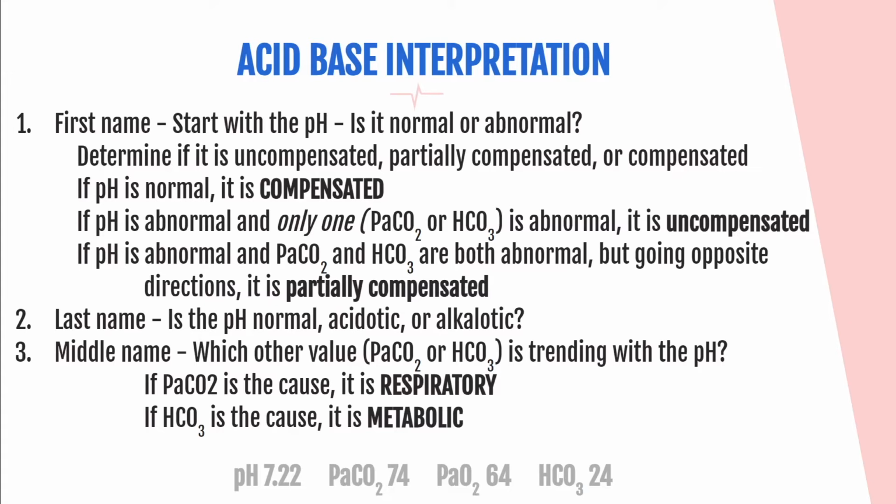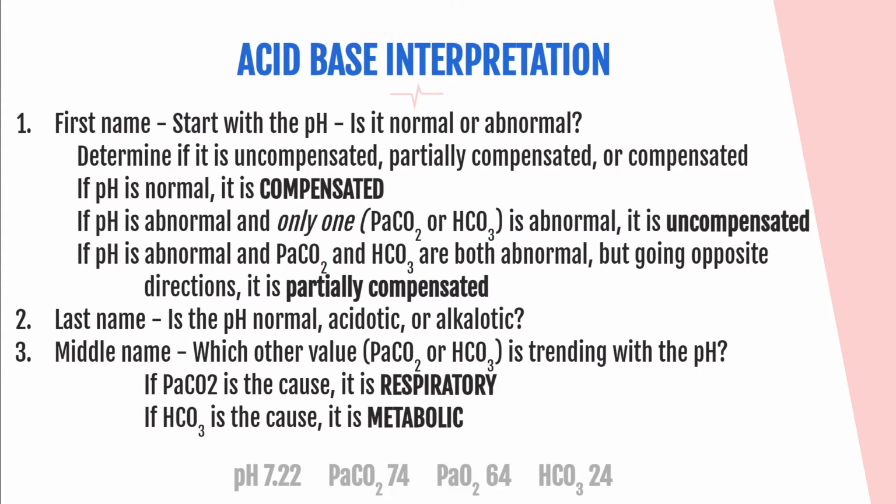Your first name is going to be compensated every time. If you have an abnormal pH, you're going to be uncompensated. And that's all that we're going to fill in for our first name right now. We're going to make it super plain and simple, normal or abnormal, and then we'll determine the level of partial compensation at the end.